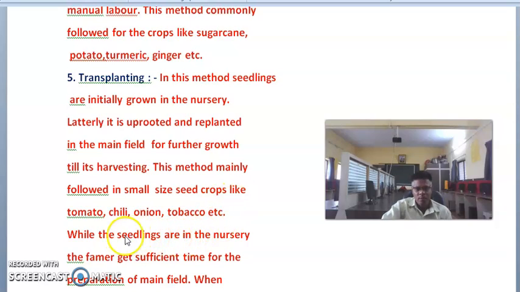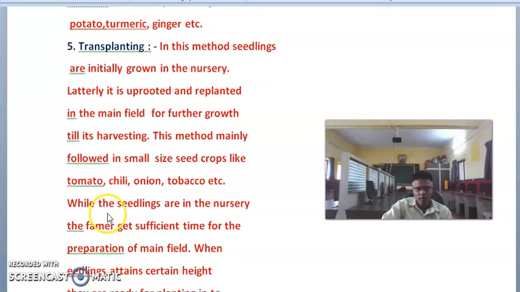For example, small size seeds like tomato, chili, onion, tobacco, etc., or other vegetable seedlings are prepared in a nursery. So these are sown by the transplanting method.